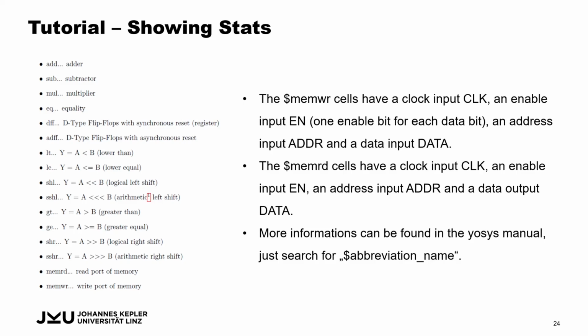For example, DFF is a D-type flip-flop, but ADFF is a D-type flip-flop with asynchronous reset, and the other one has a synchronous reset. This is just a small list here I provided, but in the manual, as I said, there is a comprehensive one. So if you don't understand the output in the statistics, then check out the manual.